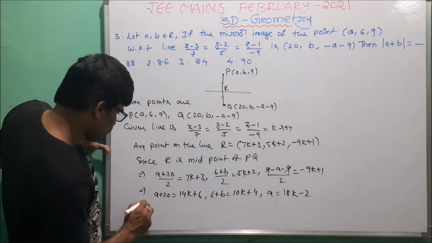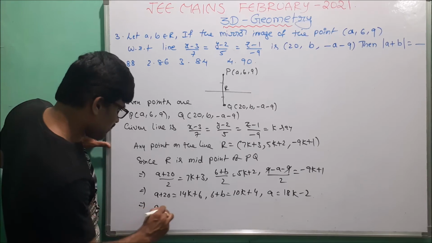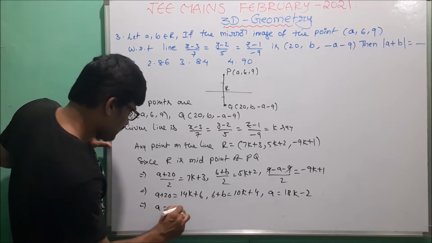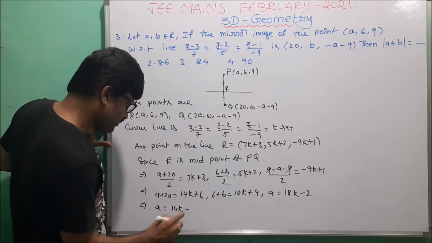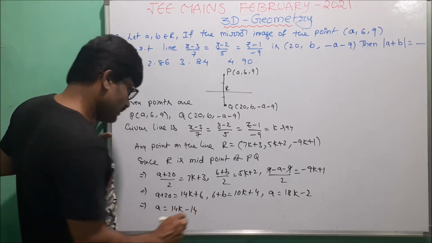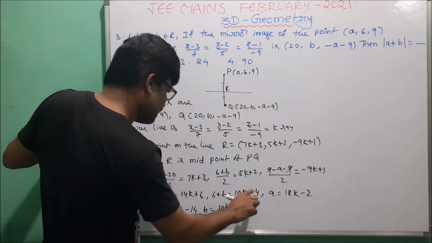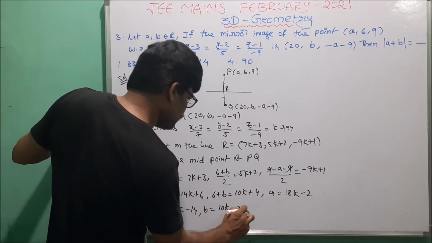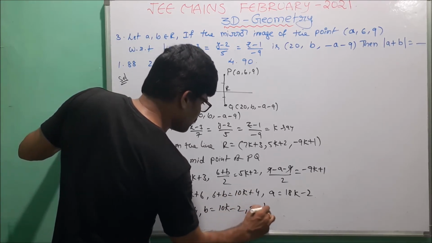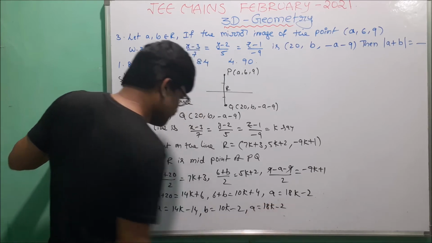So here we have to observe a equals 14k minus 6 minus 20, that is 14k minus 14. b equals 10k plus 4 minus 6, that is 10k minus 2. And also a equals 18k minus 2.